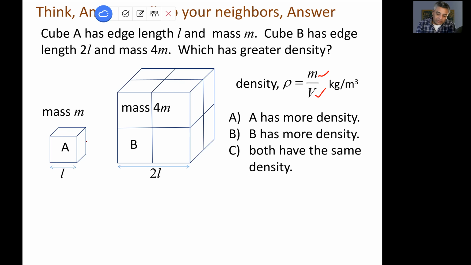There is one cube, and now there is another bigger cube. The length of this side is exactly double, and being a cube, this is also 2L, and this is also 2L. So now the question is, which has a greater density?